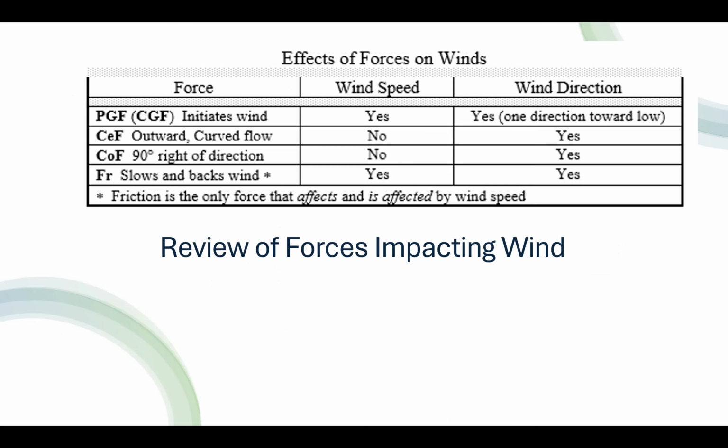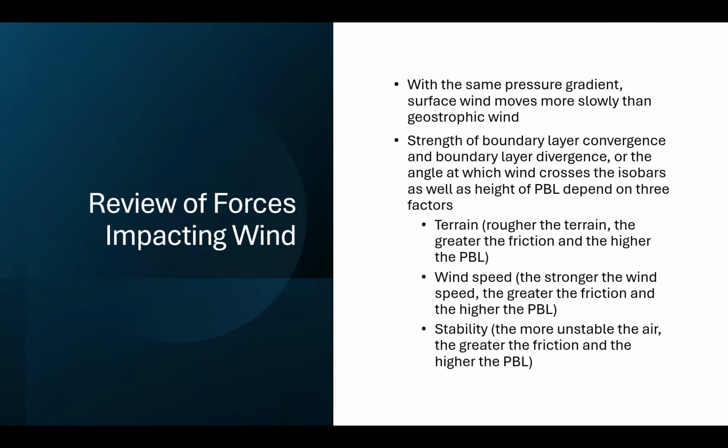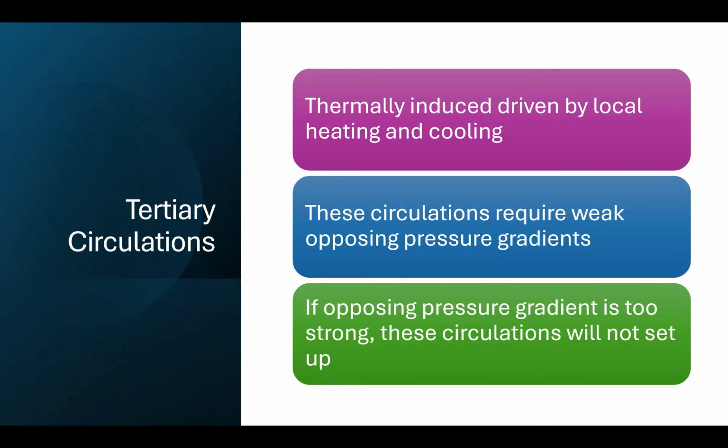And then we did the summation of everything, of all the forces we talked about on this table. And then we did more review on what really impacts the strength of the boundary layer convergence into low pressure, the boundary layer divergence out of high pressure centers, the angle at which the wind crosses isobars, as well as the height. How tall a planetary boundary layer really is depends on terrain, wind speed, and stability.